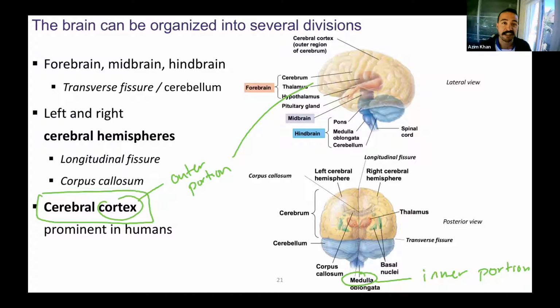When we get to the kidney, the adrenal gland, you'll see an adrenal medulla, you'll see an adrenal cortex. Cerebral cortex is the outer portion of the brain. It's where you see all these gyri and sulci, all these folds, these peaks and valleys. So functionally, there is a difference between cerebral cortex and what we'll call subcortical areas.